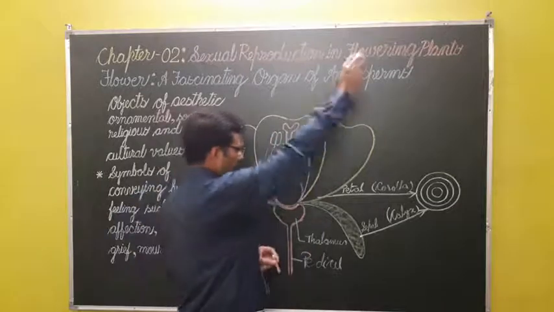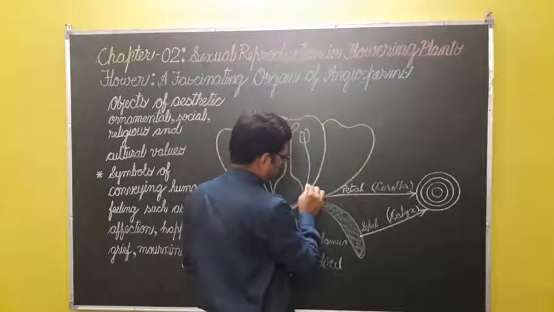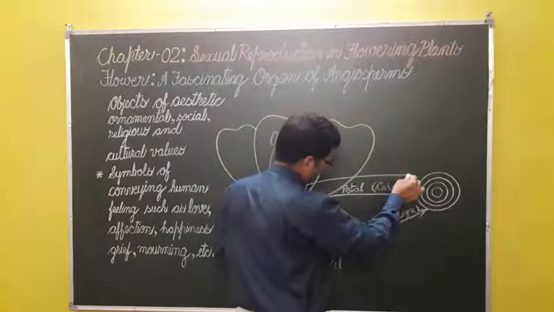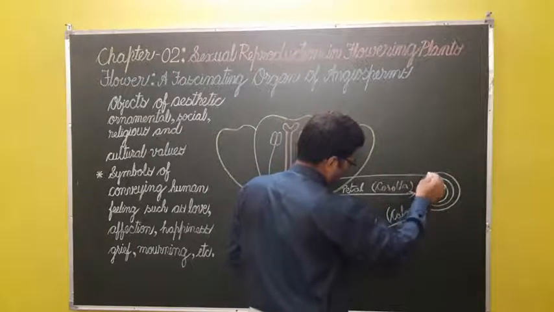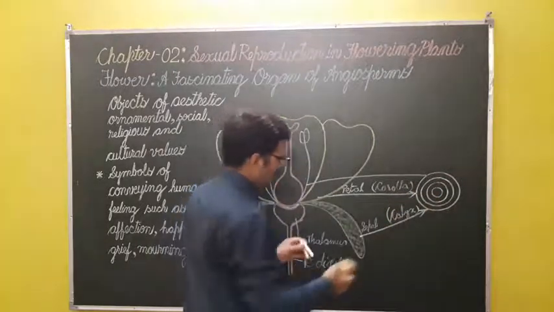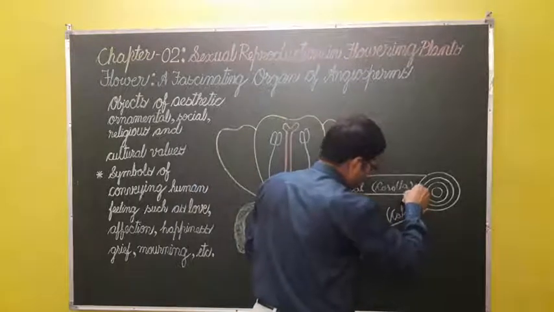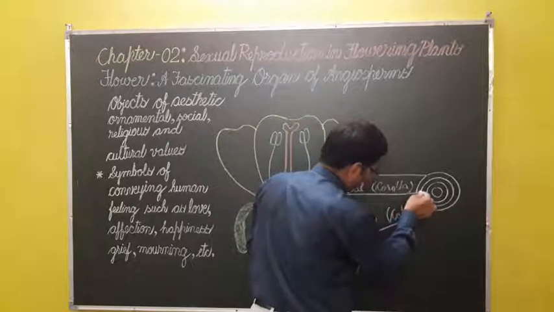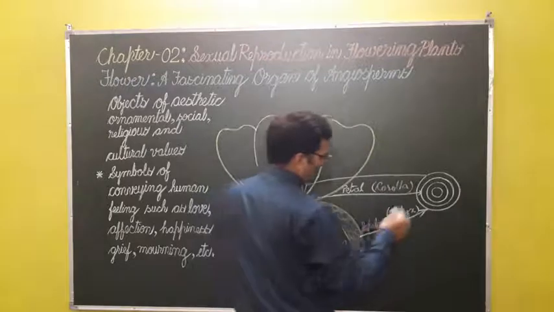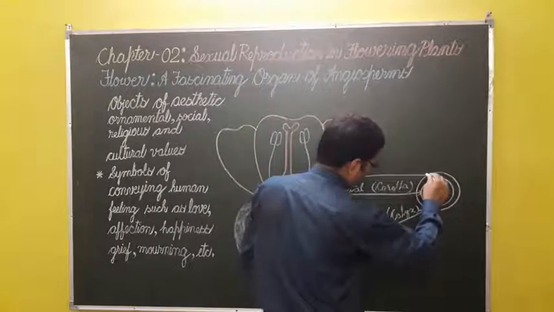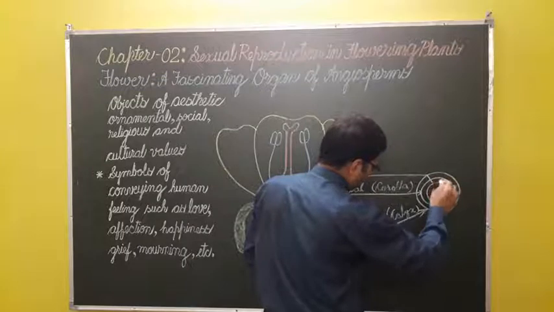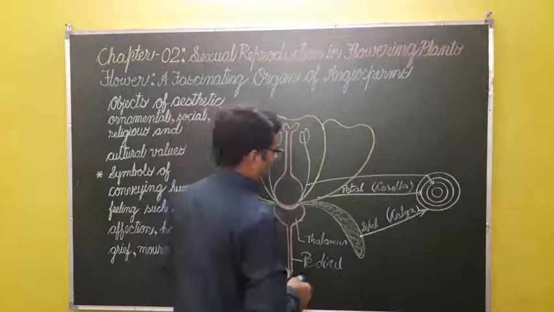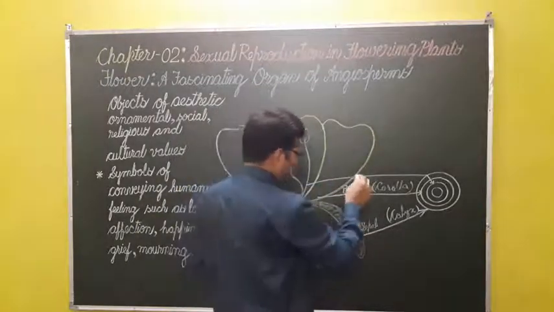Now next, androecium. Sorry, this should be here. This second whorl is the corolla, right? And this is the third whorl, you can see this one. The unit structure is the stamen.